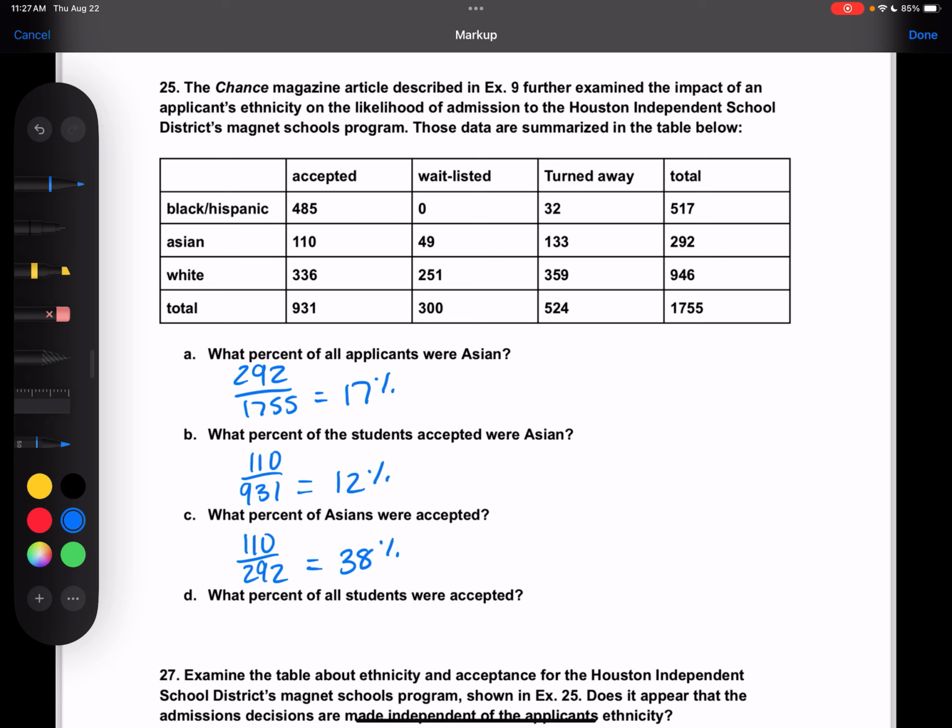That's 931 over 1755, right? Yep. Okay. I think that might have been one that we did on the other page, but I'm not sure. Sounds like one we would have done on the other page. Oh, never mind. I went back to the page just to get it. 53%.